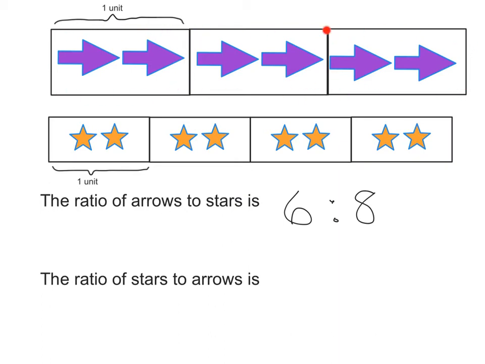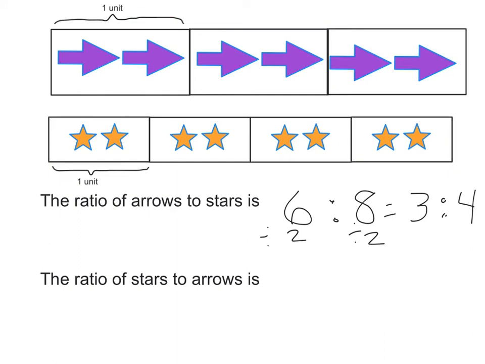This means we divided 6 by 2, and we divided 8 by 2, and we ended up with 3 groups of 2 sets of arrows and 4 groups of 2 sets of stars. So we have 2, 4, 6, 3 groups of 2 here, and 1, 2, 3, 4 groups of 2 here because we counted 1 unit as 2 of each.